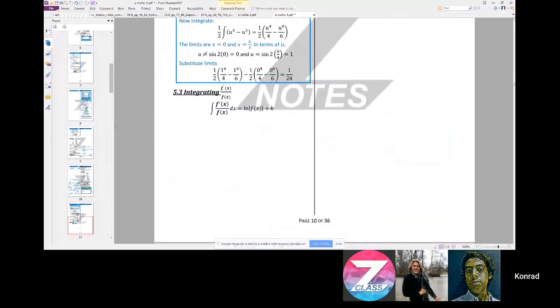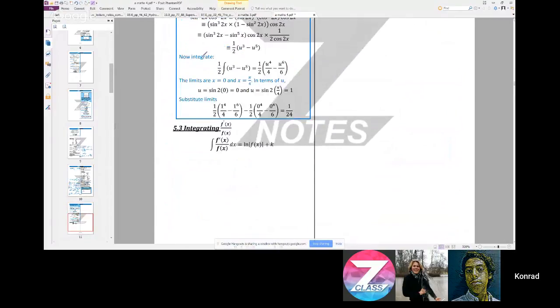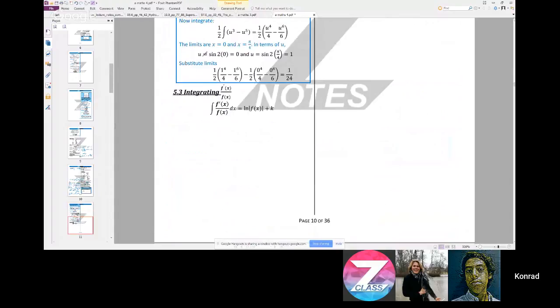Okay. Last 10 minutes, we are going to talk briefly about integrating f prime over f. Grace, since I think you were in the last one, we went over this a fair bit then.